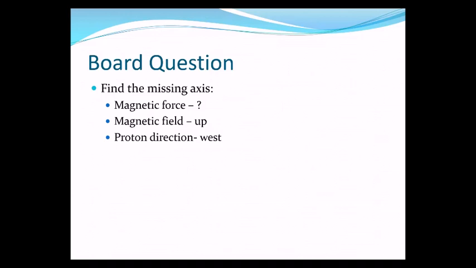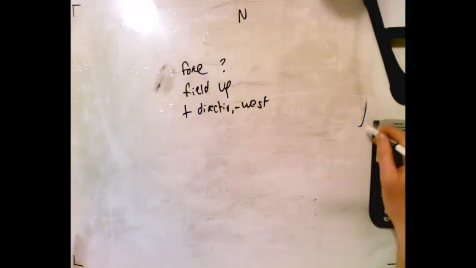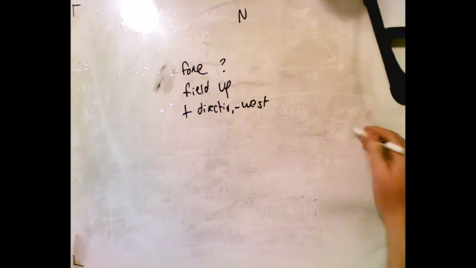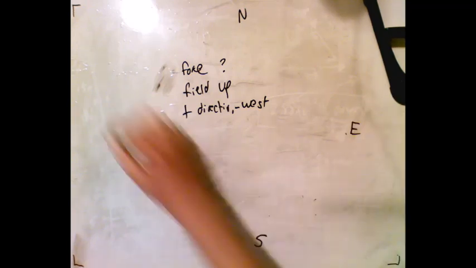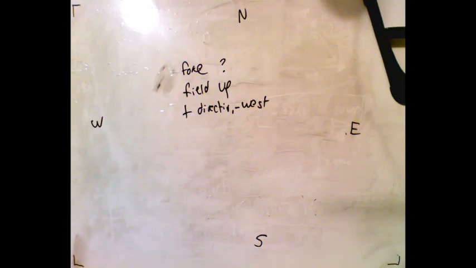Okay, so I'm going to go to my board here. So I'm going to write on my north, east, south, and west like that because we're using west in the question. So it's a proton.